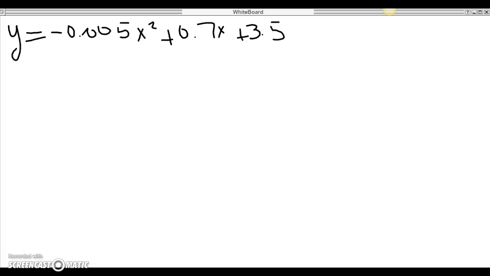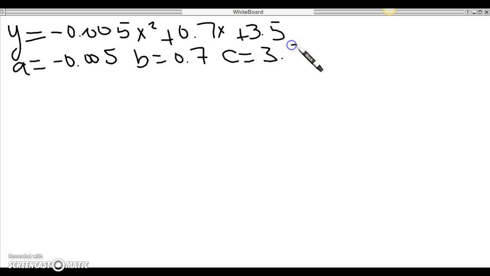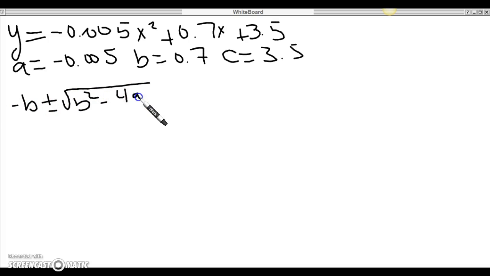So I've written it here on my whiteboard, and so I know that my A equals negative 0.005, B is equal to 0.7, and C is equal to 3.5. So I'm going to plug it in the equation, negative B plus or minus the square root of B squared minus 4AC all over 2A.